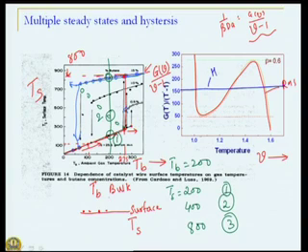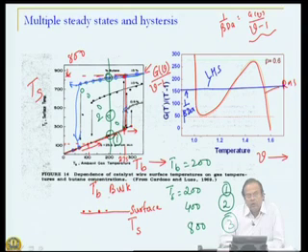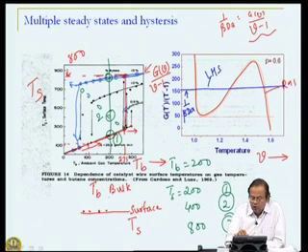This is my left hand side for a given value of 1 over beta into Damkohler number. Now we can see that for a given value of Damkohler number, I could possibly have 3 solutions.